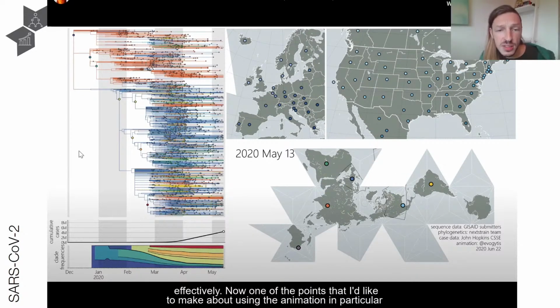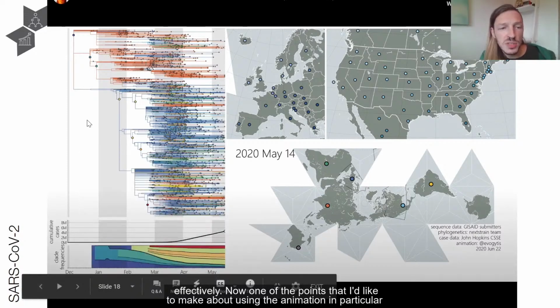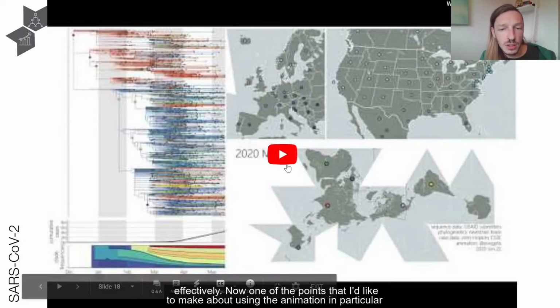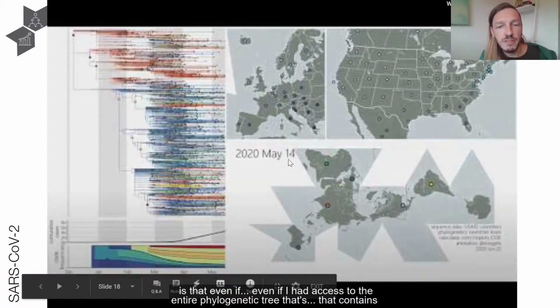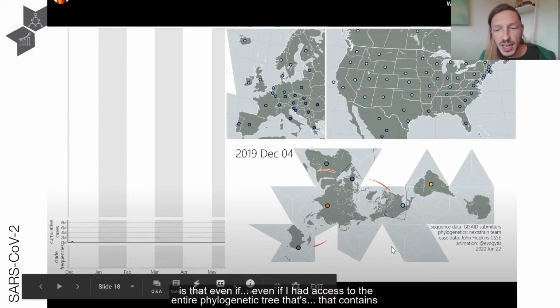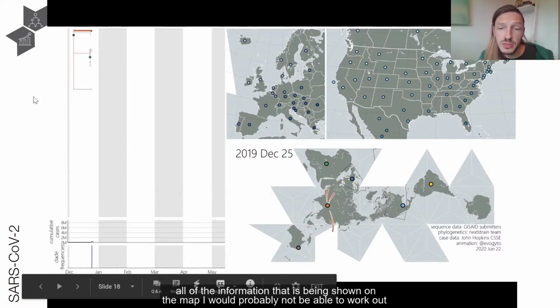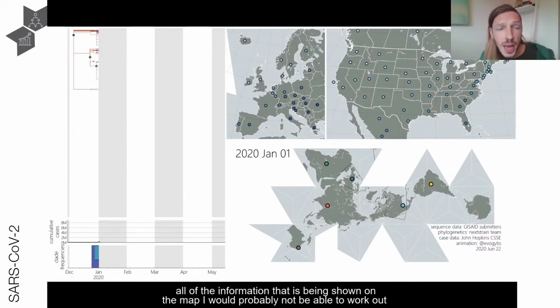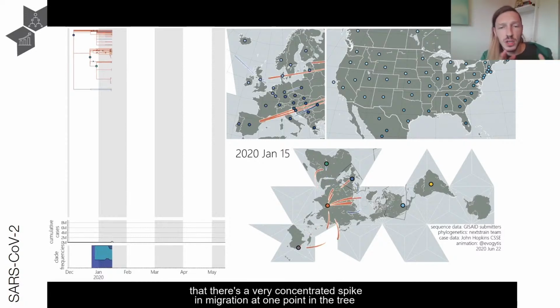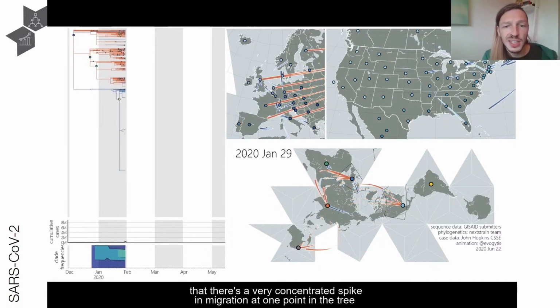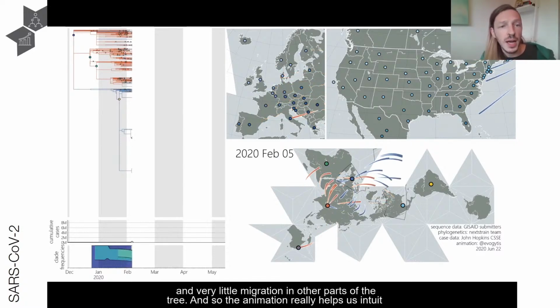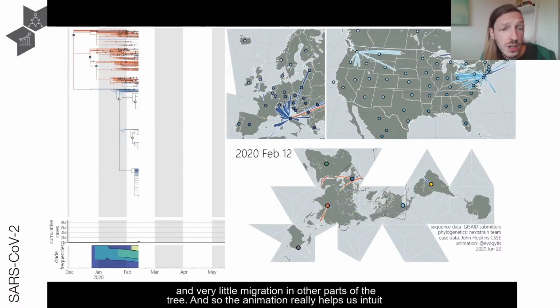Now, one of the points that I'd like to make about using the animation in particular is that even if I had access to the entire phylogenetic tree that contains all of the information that is being shown on the map, I would probably not be able to work out that there's a very concentrated spike in migration at one point in the tree and very little migration in other parts of the tree.